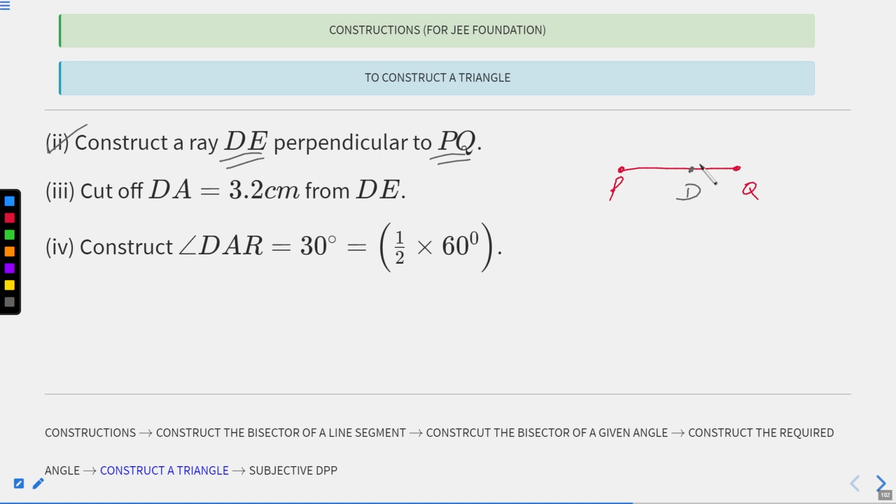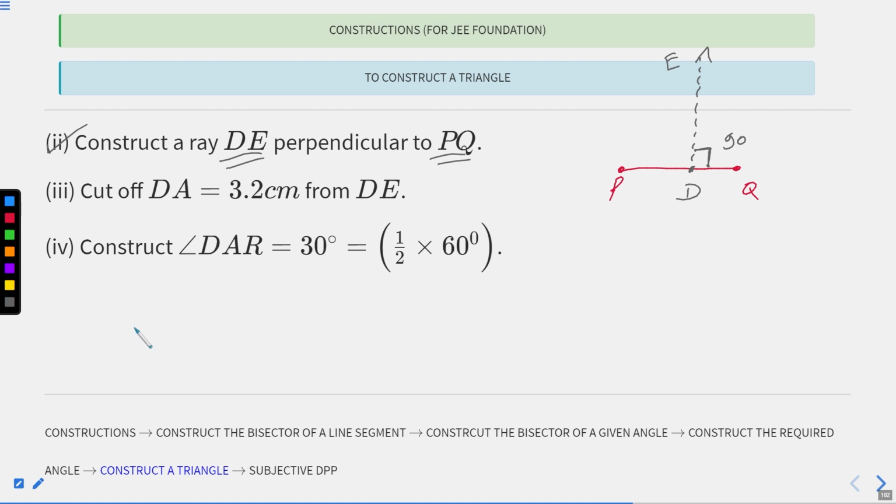Construct the DE line in such a way that it makes an angle of 90 degrees with the line PQ. How do we construct such lines? It is quite easy. You can refer to the previous videos, where I already went into in-depth construction of the 90 degree angle, but let me recall it for you.